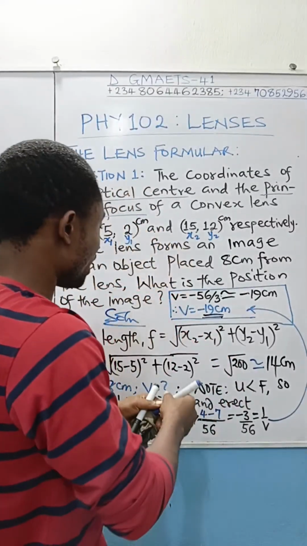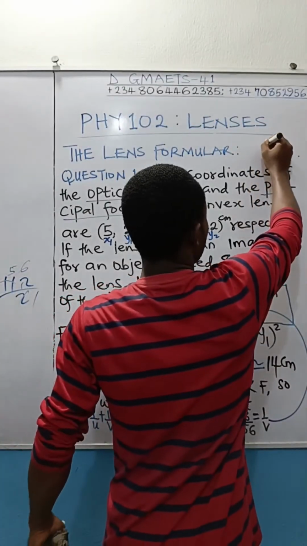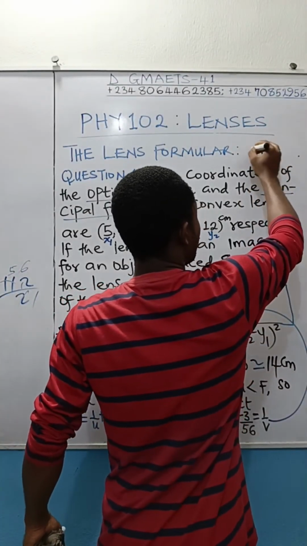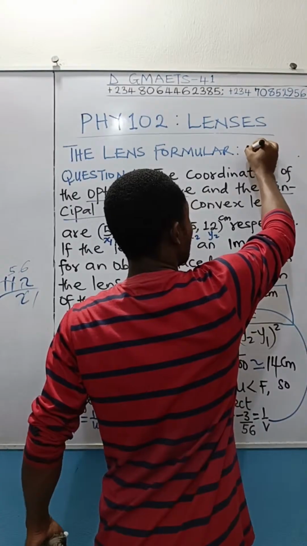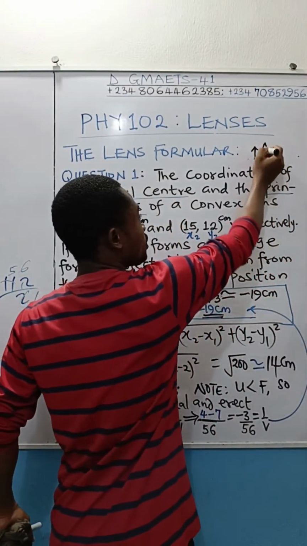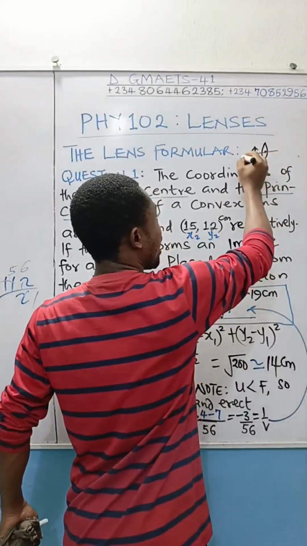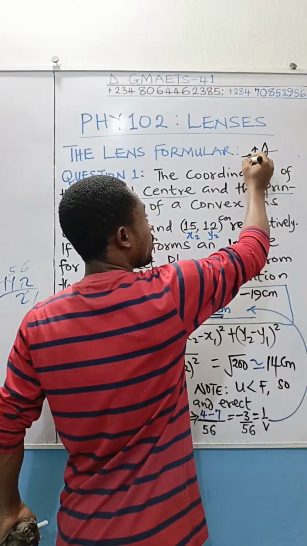Let us assume that this is your lens. And then we say the object is here. Remember, the object is between the optical center and the principal focus.